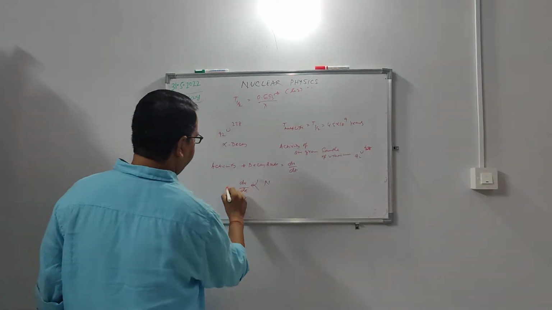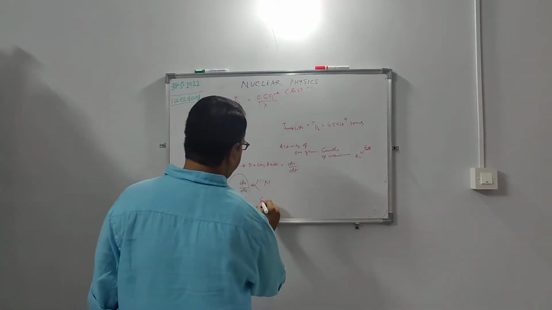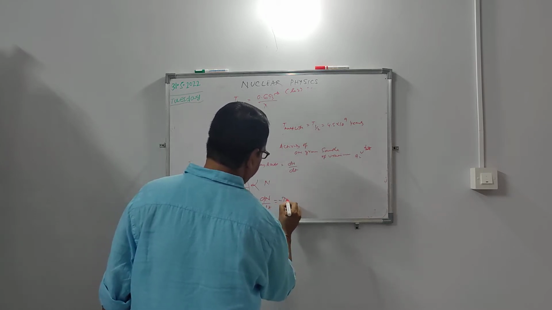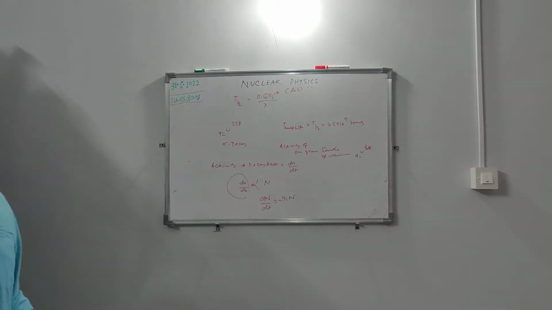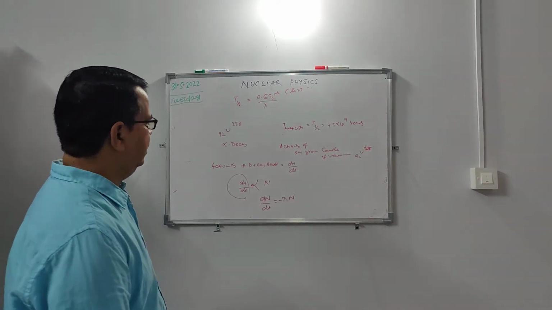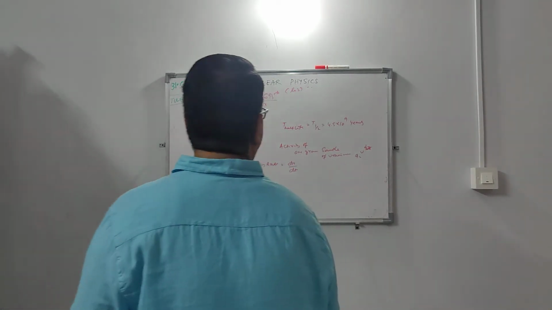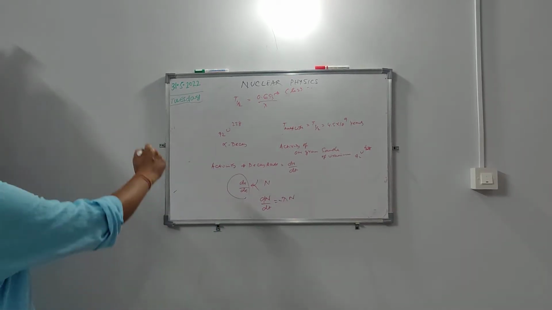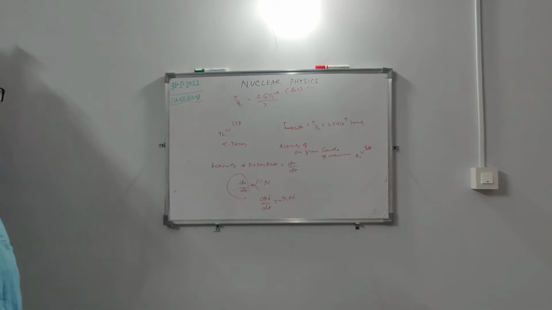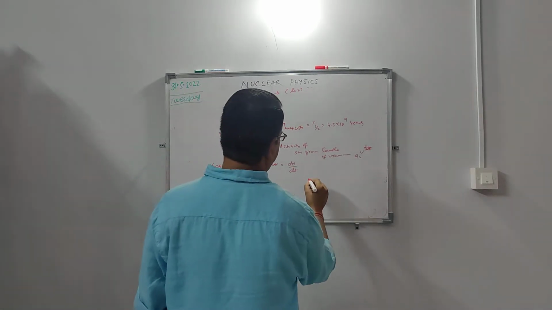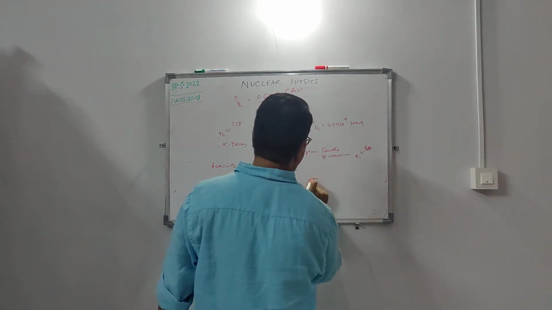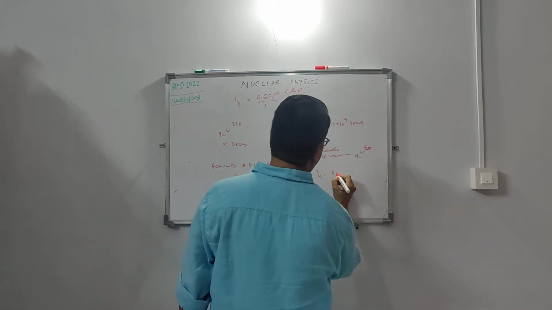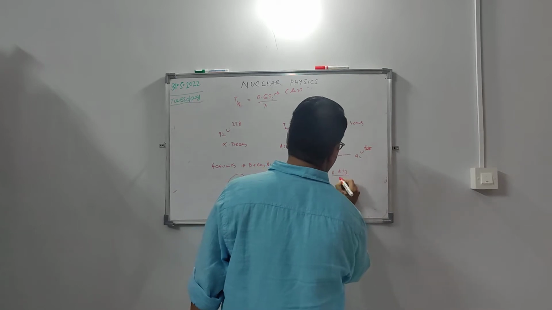To make it a constant, it becomes lambda N. Now I know my half life. If I know my half life, from that equation itself I can find out lambda. My half life is 4.5, so you have to convert that first. T half is equal to 0.693 by lambda.